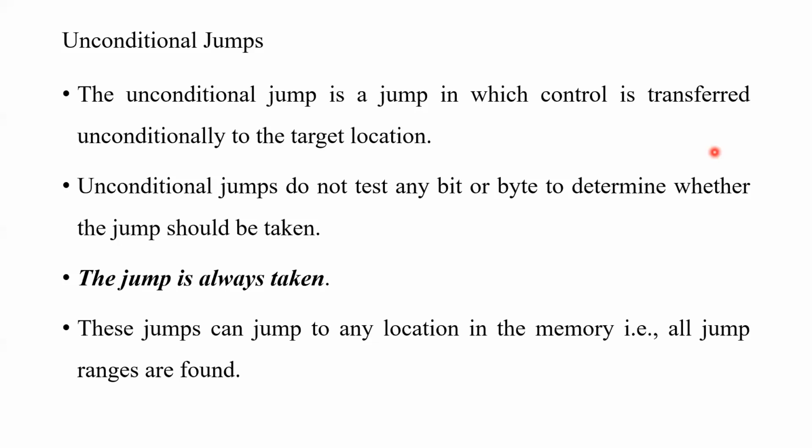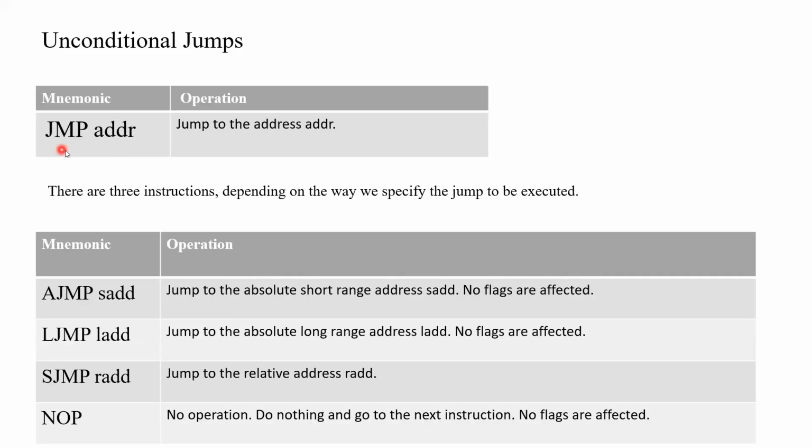These jumps can jump to any location in the memory. That is, all jump ranges are found here. It means we can have relative range, short absolute range, and also long absolute range. The mnemonic for this is JMP.